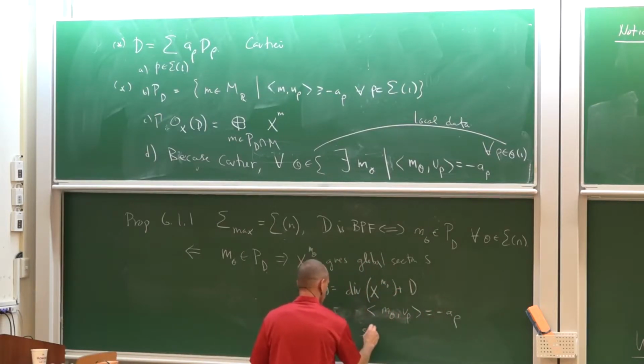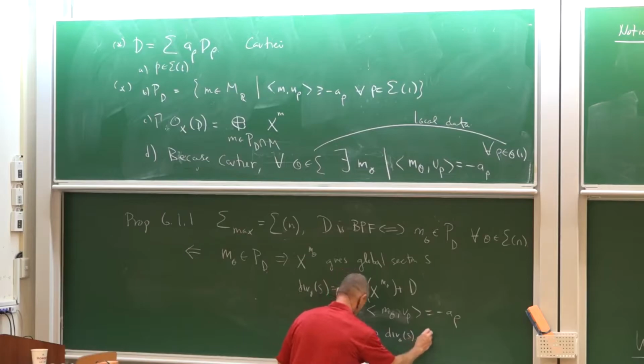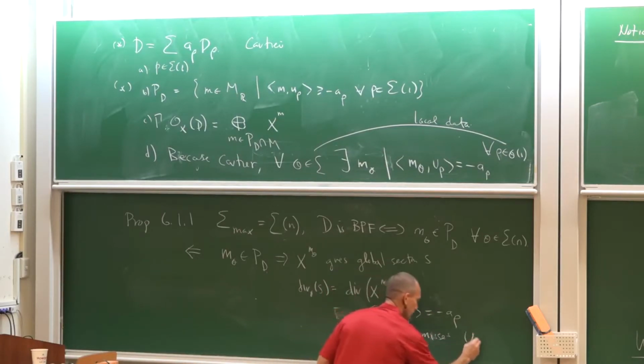And this means that the support of div 0 of S misses U_sigma.